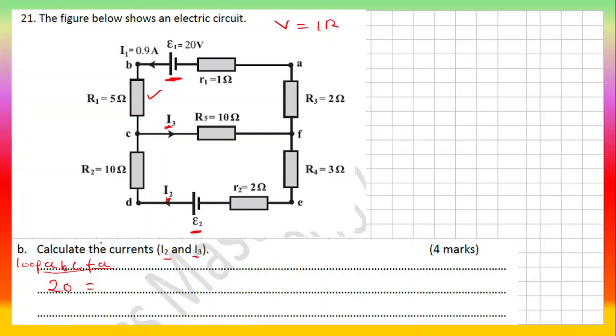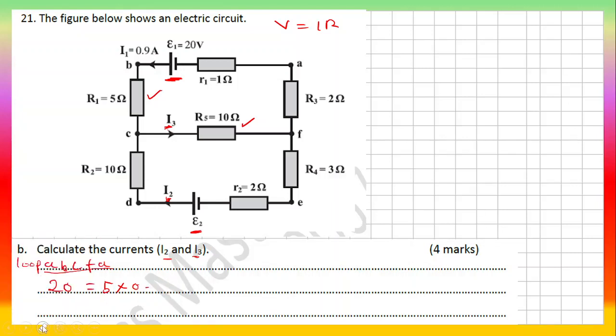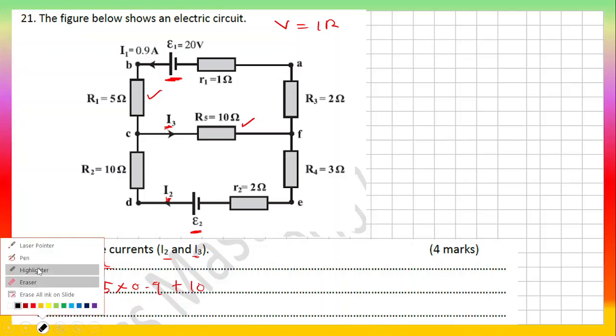So the voltage here will be 5 multiplied by 0.9, plus the voltage through the 10 ohm resistor, which is 10 multiplied by I3, since we don't have I3, I can just write I3.